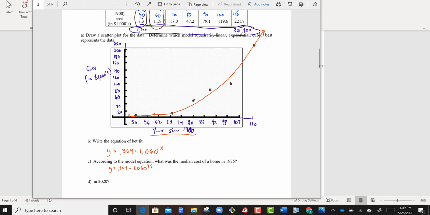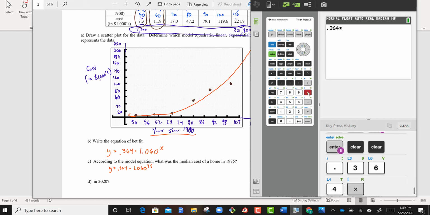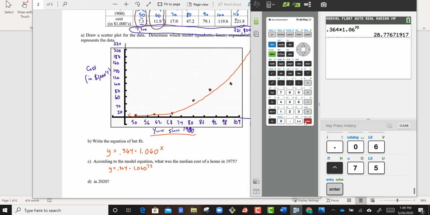And of course use a calculator to evaluate that. So 0.364 times 1.06 raised to the 75th power. And that gives us 28.77. And if you look at the graph, the year 1975 would be somewhere right around here.